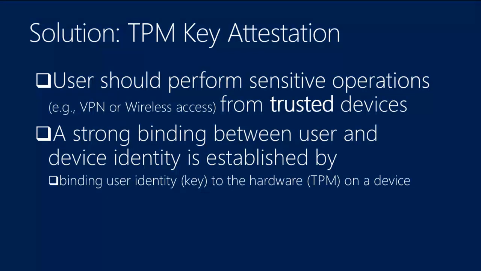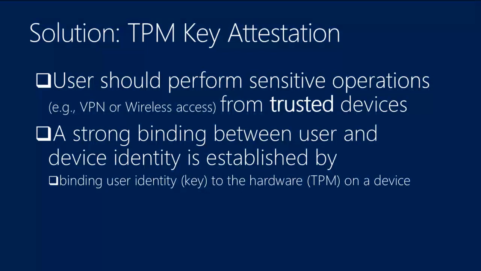called TPM key attestation. The idea is that we enable the user to prove to the certificate authority, CA for short, that the key is actually created on TPM, and then only those users would be able to finish some trusted operation from those devices.